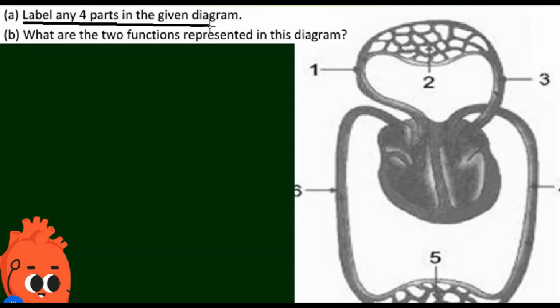Label any 4 parts in the given diagram. Here there is one part, here there is a second part, third part, fourth part, then there's a fifth part, and there is the sixth part here.